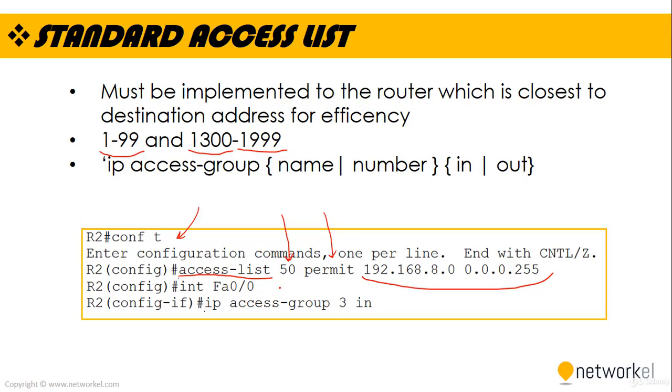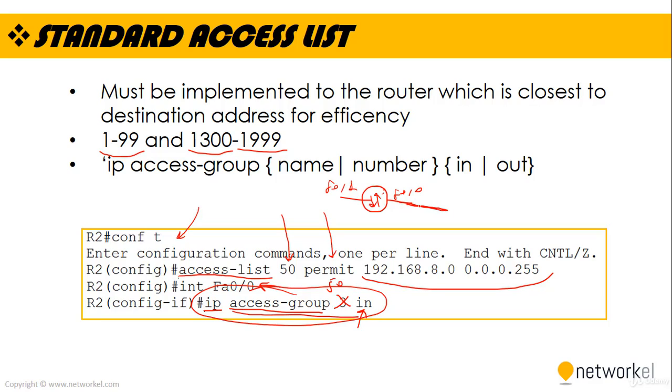Then we are getting into the interface mode and we are implementing this access list to our related interface, which means, for example, we have a router in here, we have FastEthernet 0/0 and FastEthernet 0/1, and we are implementing this ip access-group 50 to inbound, which means we are implementing this access list to this direction.